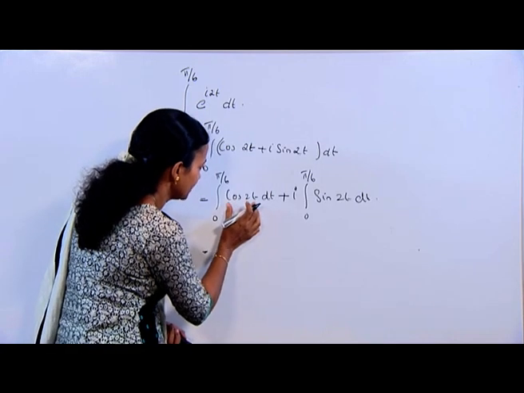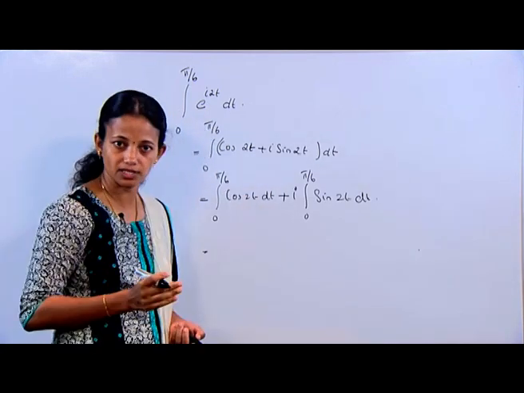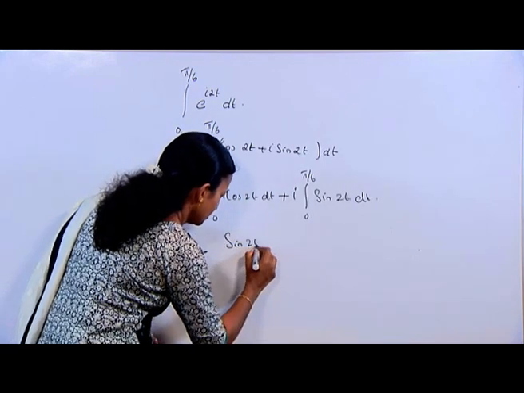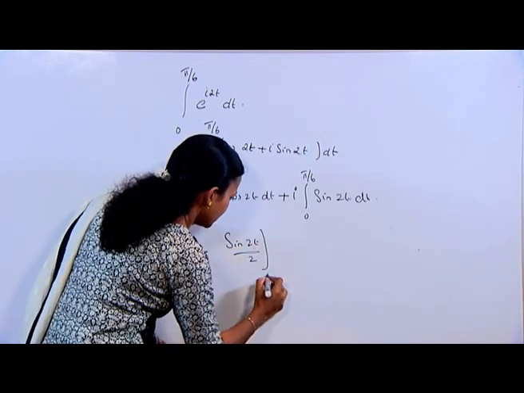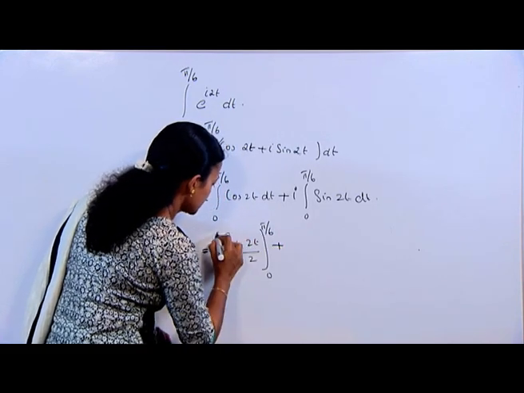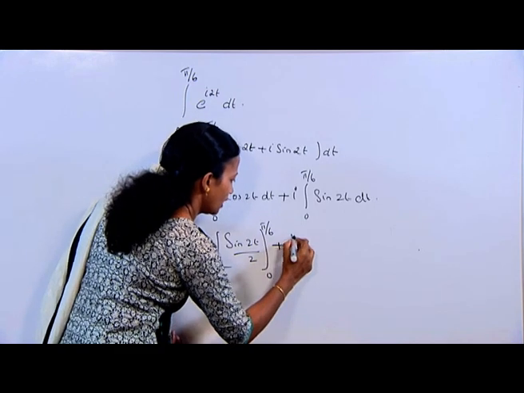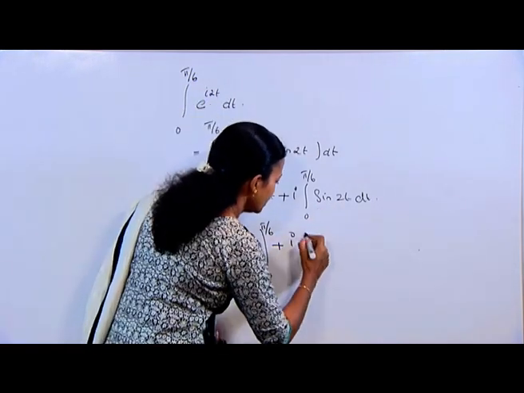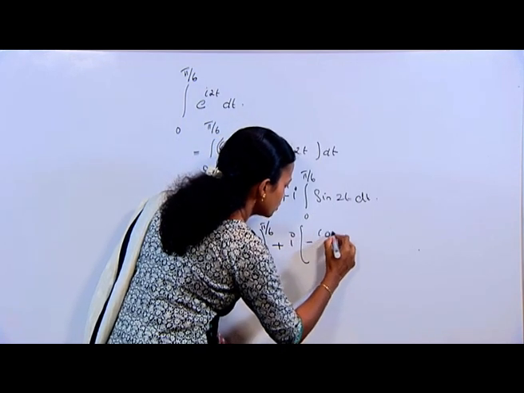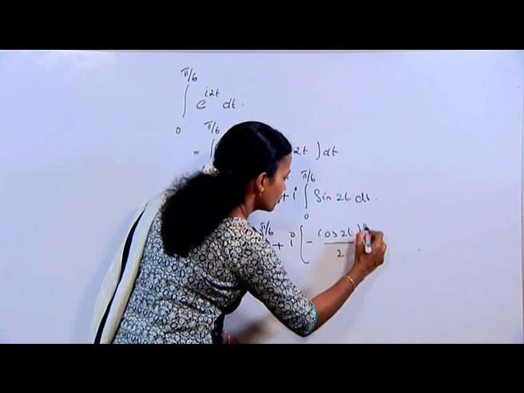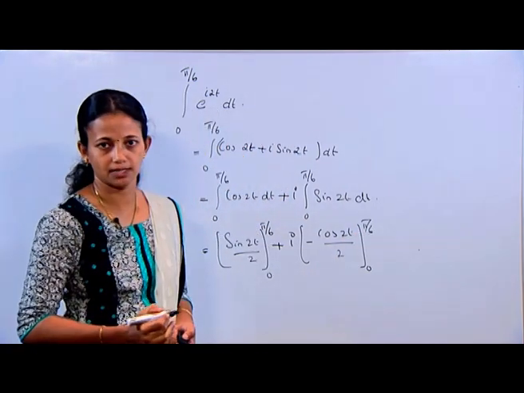The integral of cos 2t, that we know, is sin 2t by 2 over the limits 0 to pi by 6, plus we have i into the integral of sin 2t, that is minus cos 2t by 2 over the limits 0 to pi by 6.